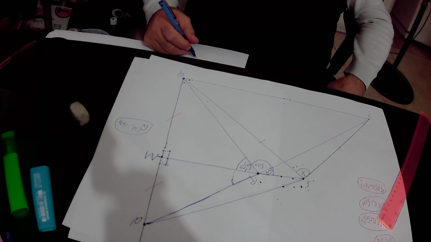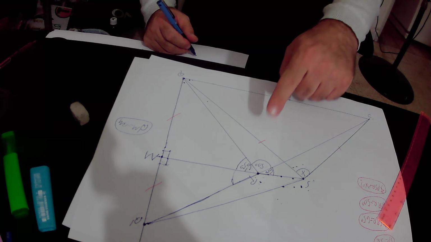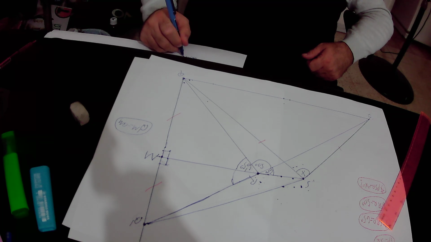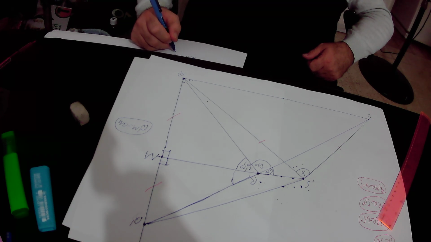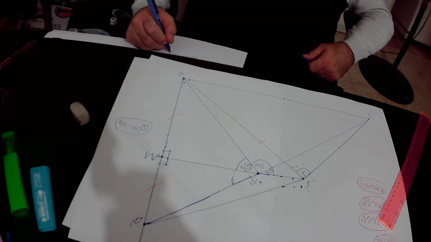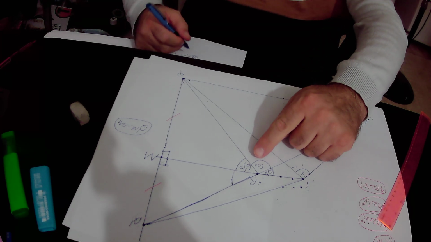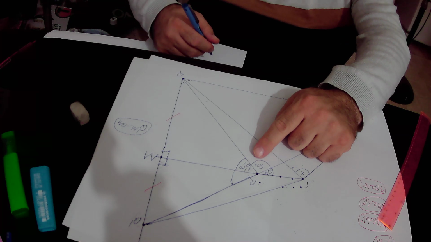Angle QRM is equal to angle Q'RM. So those two angles are equal to each other, but this angle equals 65 degrees.